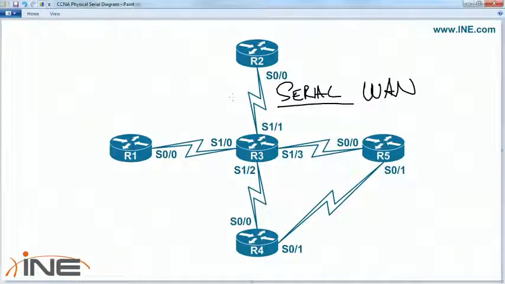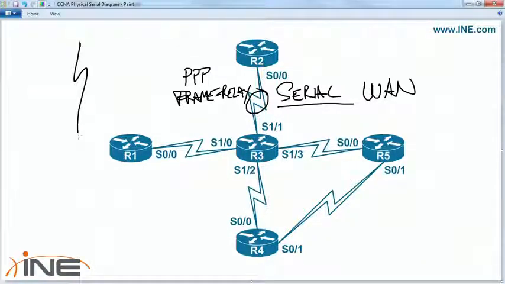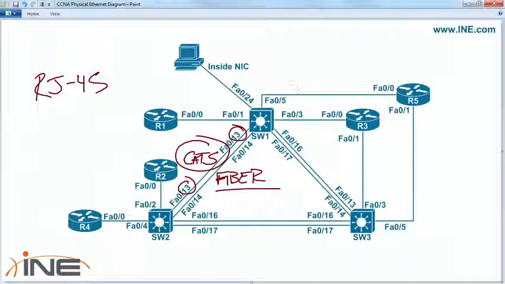So we'll talk about the properties of these, like what's the difference if I were to run the PPP protocol versus the Frame Relay protocol over these links. But that's what these lightning bolts look like in the diagram. Typically that's used to denote a serial link, where the ones that are just lines, most of the time, are going to be talking about Ethernet.